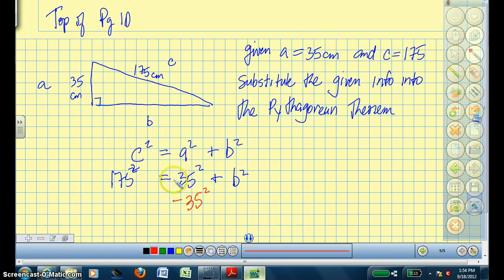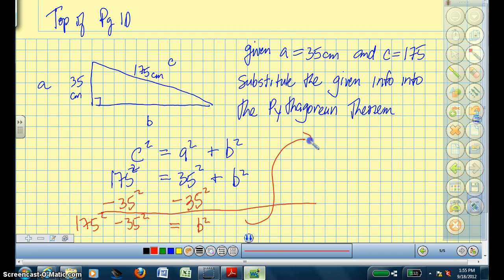I want to do the opposite. This is positive. In order to get rid of it or to make it 0, I'm going to do the opposite operation. So whatever I do to one side, I have to do to the other side. So I'm going to subtract 35 squared on this side as well. Okay. When you do this, now you got the letter all by itself. B squared is equal to 175 squared minus 35 squared.